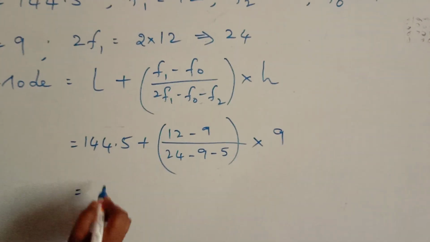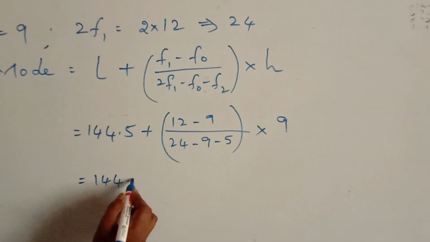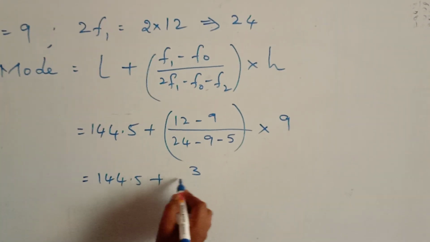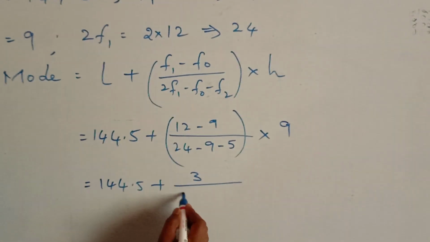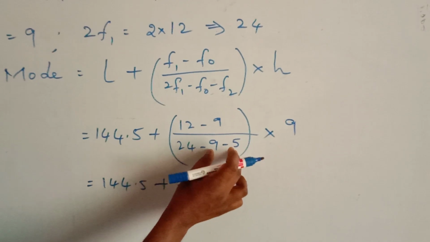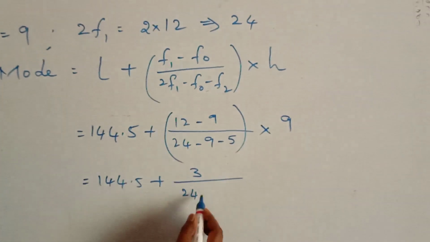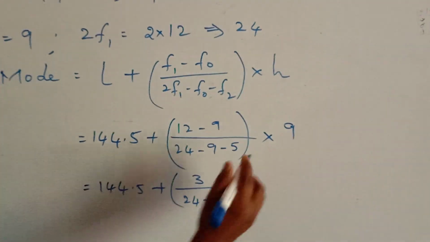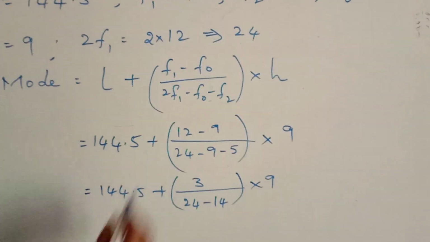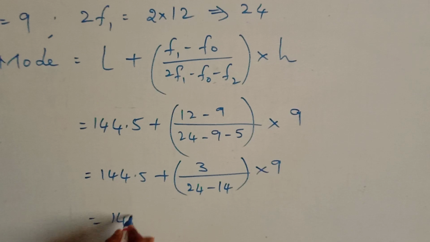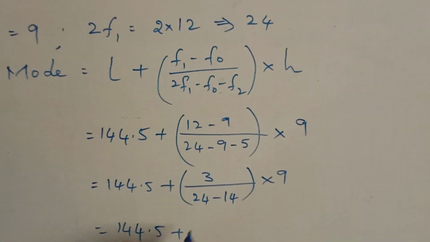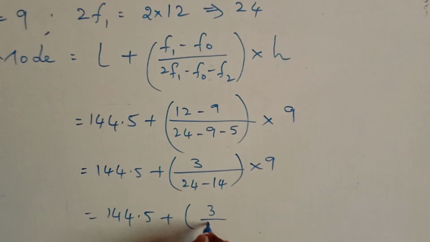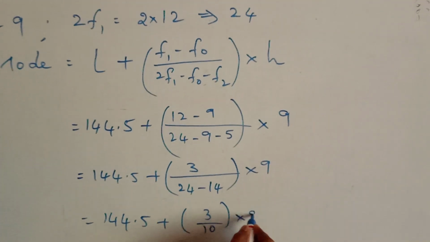144.5 plus 3 by 24 minus 14, because with two same signs you add and keep the same sign, 9 plus 5 is 14, into 9. That is 144.5 plus 3 by 10 into 9.